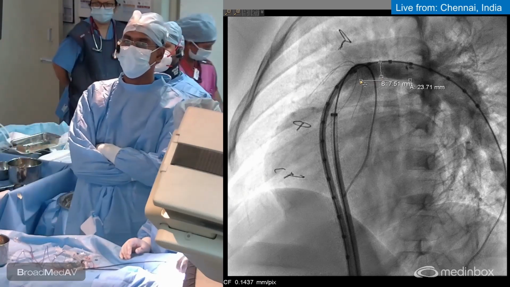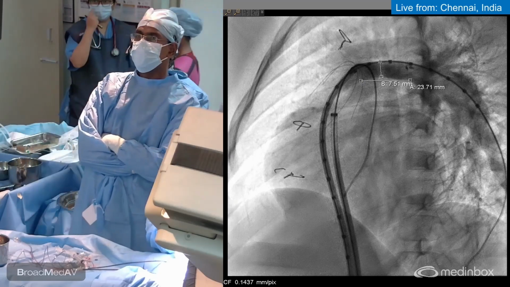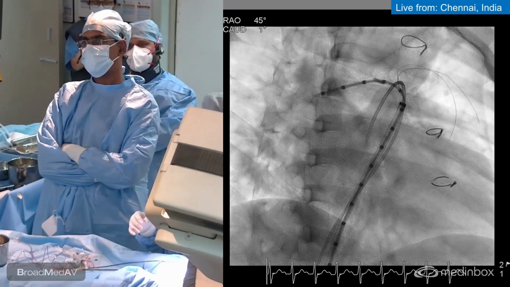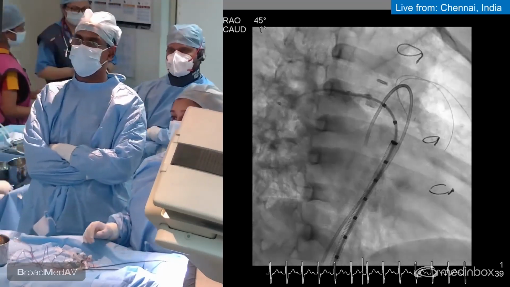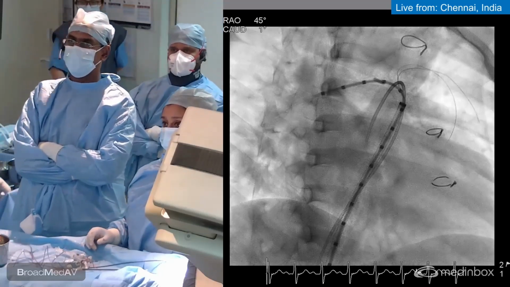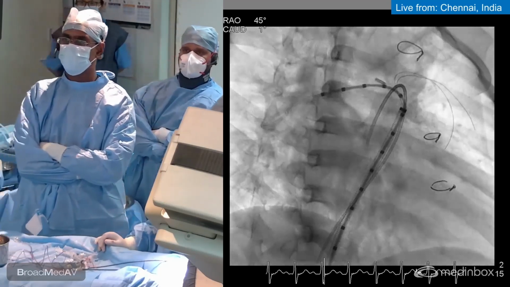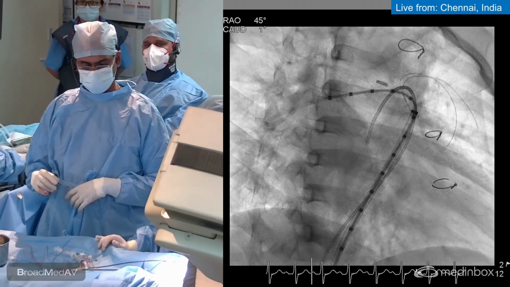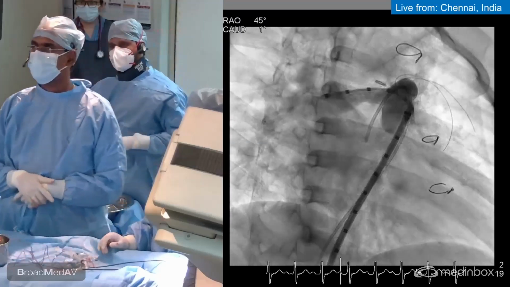Okay, that's fine. Save this image. The next picture was better. Let's make a measurement here. I want the dilator of this right also.